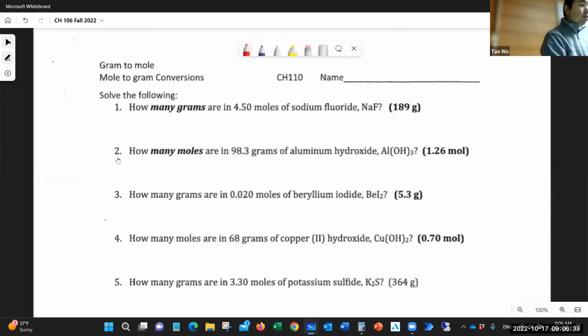Go ahead and work on the first question. Okay, first, let's work on the second question. How many moles are 98.3 grams of aluminum hydroxide?